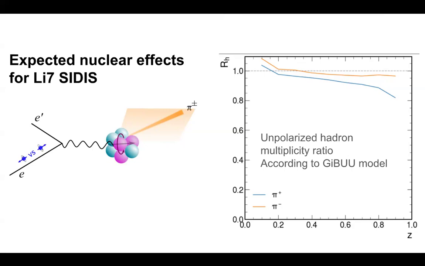From the experimental point of view, we care that this measurement is going to give us something that is not a null result with the systematic and statistical uncertainties we expect. And that is the case. So we expect nuclear effects that are between 5 to 10%.